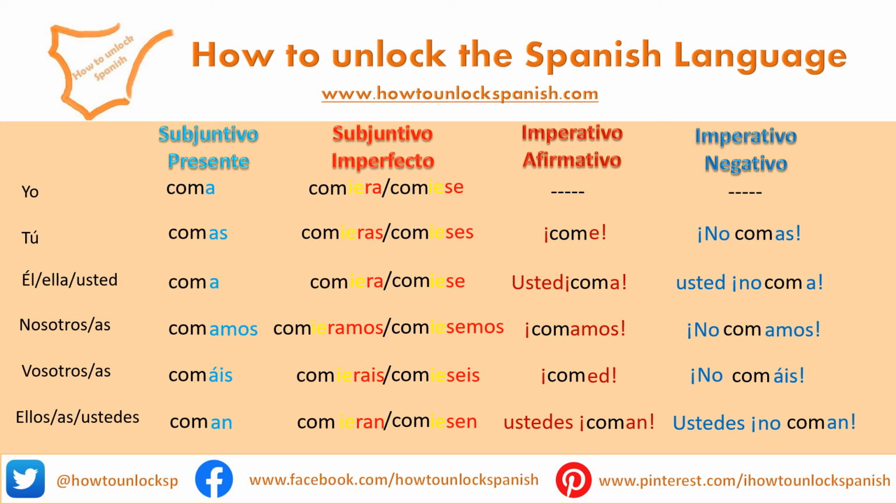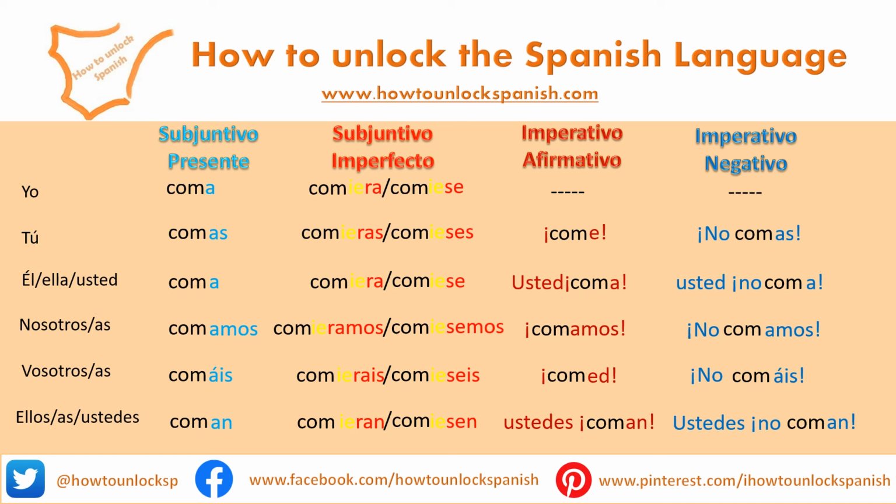For él, ella, and usted, we are going to use the same ending as in the subjunctive. So for usted, we use the subjunctive. We don't have a command for él o ella. We just have it for usted. ¿Sí? So es tú come. Usted coma. For nosotros, we always also use the subjunctive.